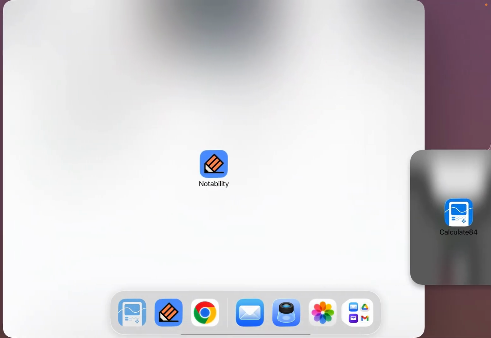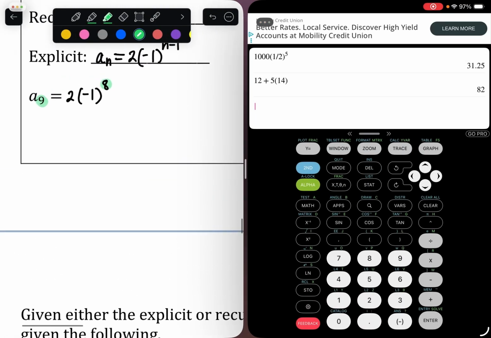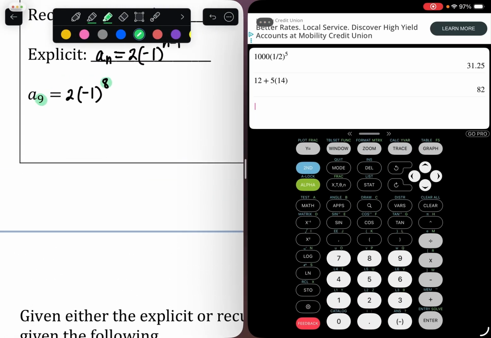And so in our calculator, we know -1 raised to an even power is going to be positive, so this is going to be 2, but just to prove it to you, -1 in parentheses raised to the 8th power is going to be positive. Anytime you raise a negative to an even exponent, it's going to be positive because you have enough to cancel out.